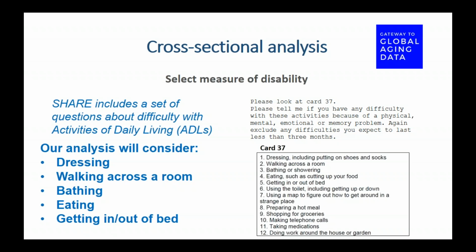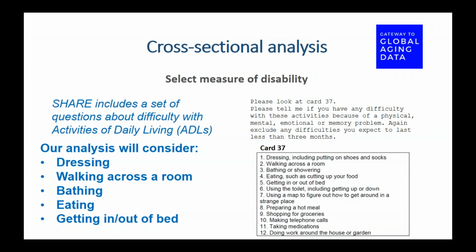And so you can see card 37 here is actually a longer list. But you can see 12 of these activities that include things like dressing, including putting on shoes and socks, using a map to figure out how to get around in a strange place, preparing a hot meal. And for our analysis, we're just going to focus on 5 of these. So we're going to consider dressing, walking across a room, bathing, eating, and getting in and out of bed, those first 5 on card 37.